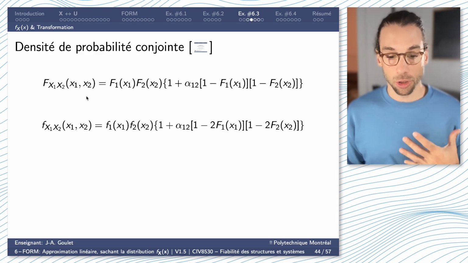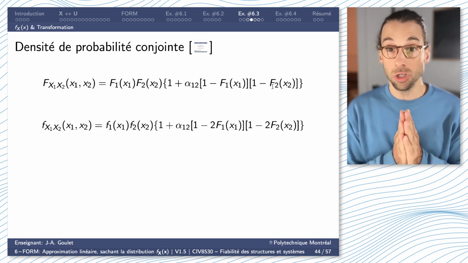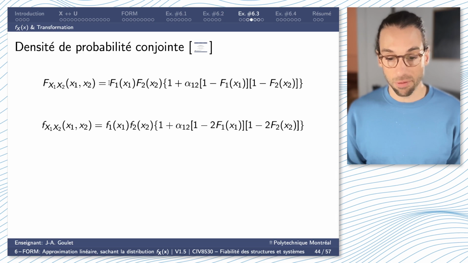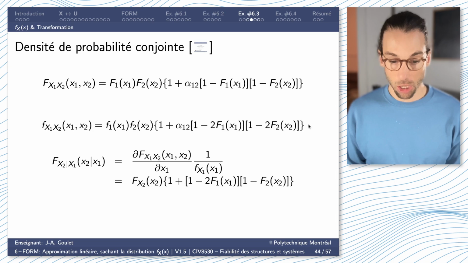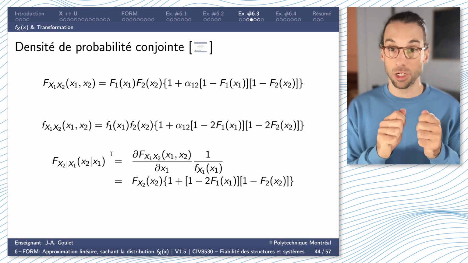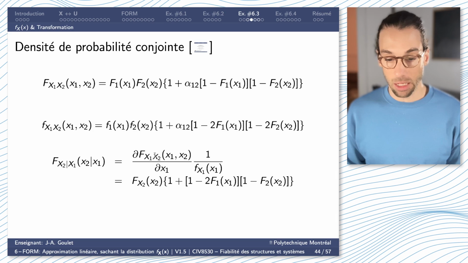Now I can model the joint CDF using the Morgenstern distribution that we saw in module 3, and I can obtain the joint PDF by differentiating, which gives me this analytical formulation. To obtain the conditional CDF to represent my transformation function from ui to xi, it is obtained analytically by differentiating this expression.